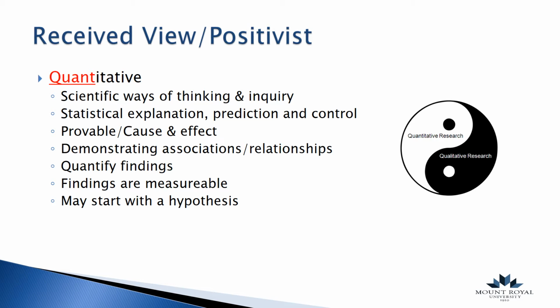It uses scientific ways of thinking and inquiry to answer a particular research question. We use, as was previously mentioned, statistical explanations. Is there a statistical difference between the control group and the experimental group? And we're really looking for prediction.